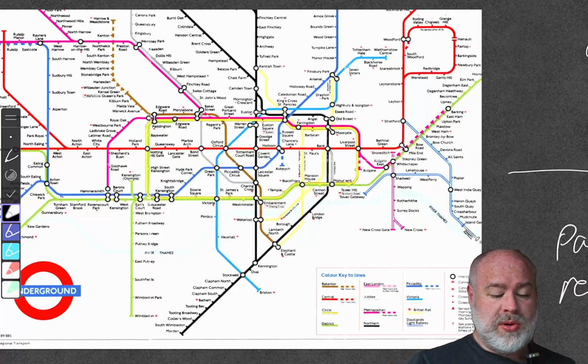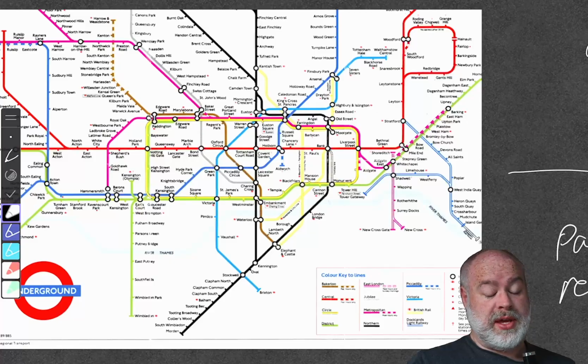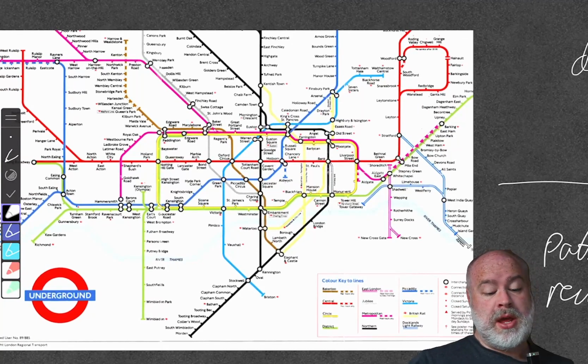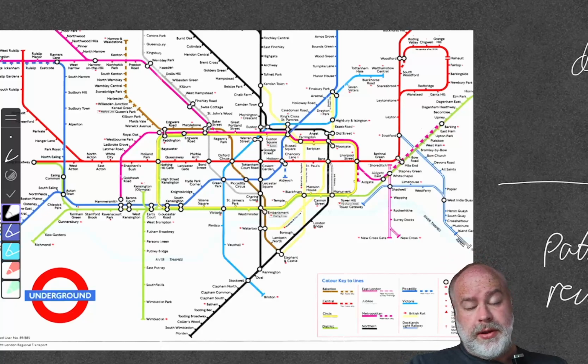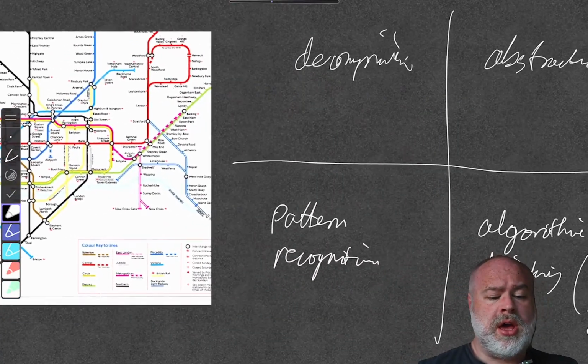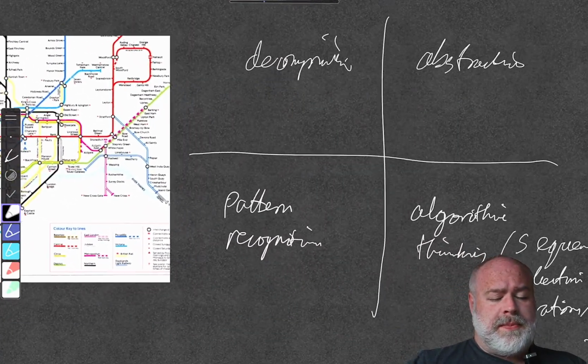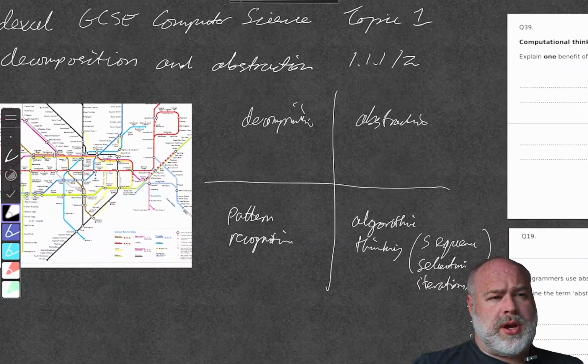But for the user to have a diagram like this, a map which makes more sense to them about how all of these stations are, the relationship between them, they will need a degree of abstraction. So removing unnecessary things that the user doesn't need to know about, and then just focusing on the things that are most important to understand how to get around London. We do the same when we're designing algorithms and working with programs.